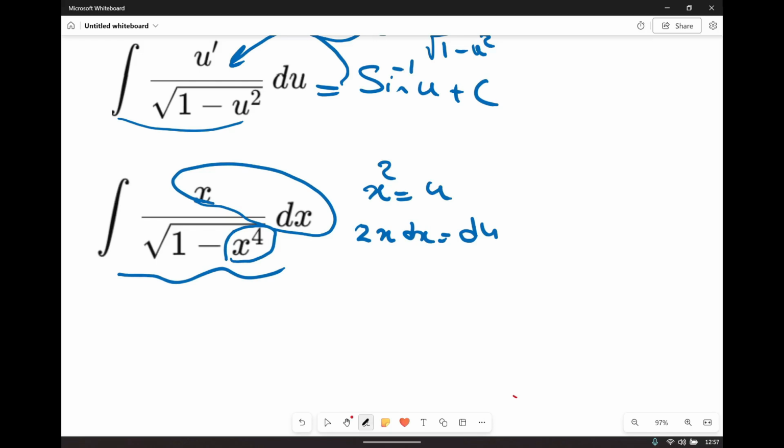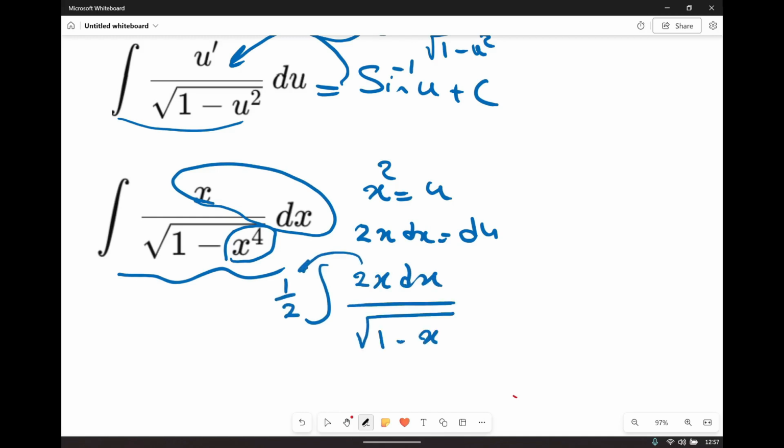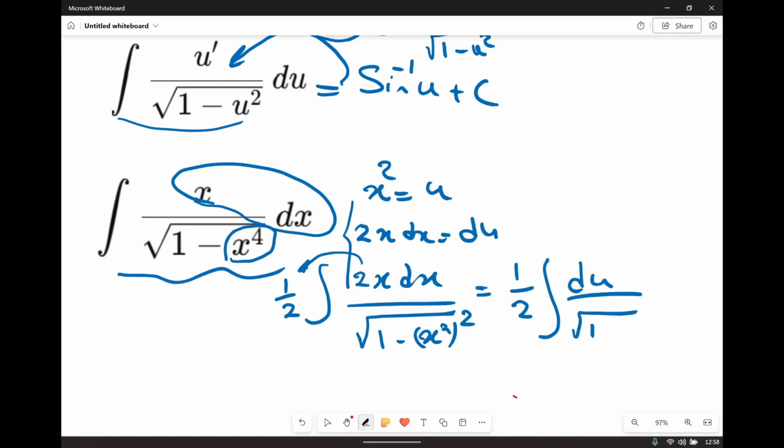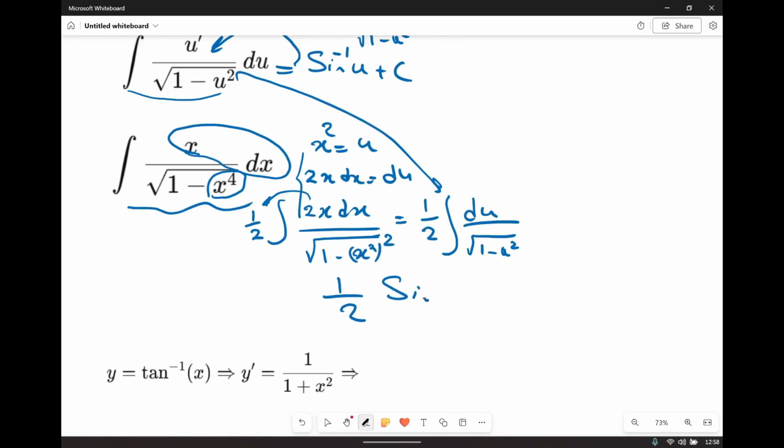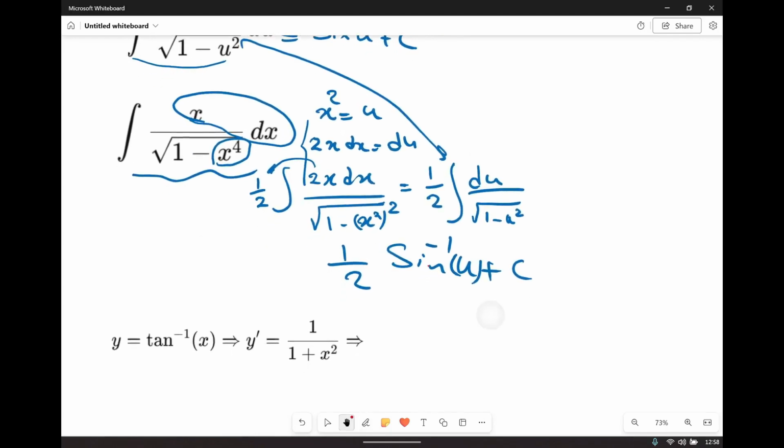Okay, here I put the 2x dx in the integral, but I put the 2 on the other side, outside, over the radical of 1 minus (x^2)^2. Am I right? Now I just substitute: it is 1/2 the integral of du divided by the square root of 1 minus u^2, and as I mentioned earlier, this is exactly 1/2 sine inverse u plus c. Okay, if you have any question, please tell me in the comments.